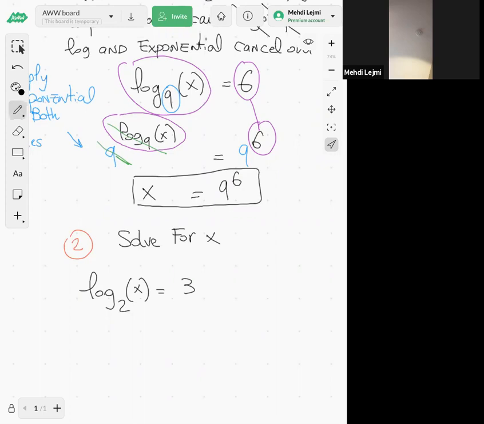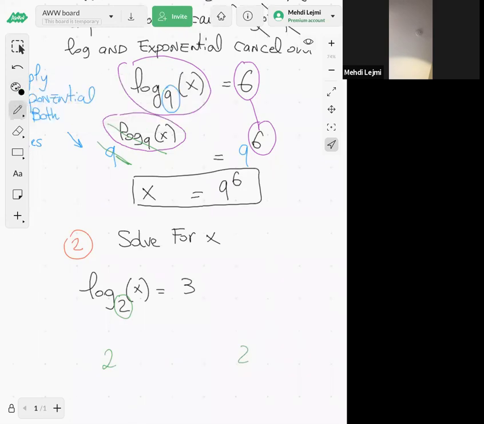As I said, we have a log, we apply exponential, because exponential composed with the log cancels out. Which exponential? This is log in base 2, so I'm going to apply exponential in base 2, so here's my 2, on both sides.